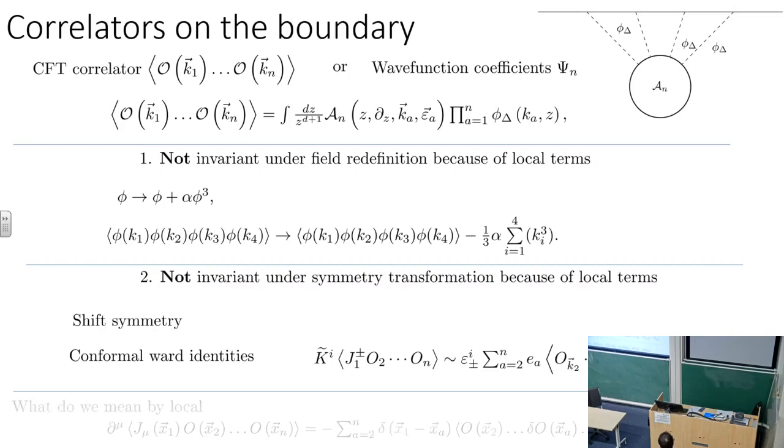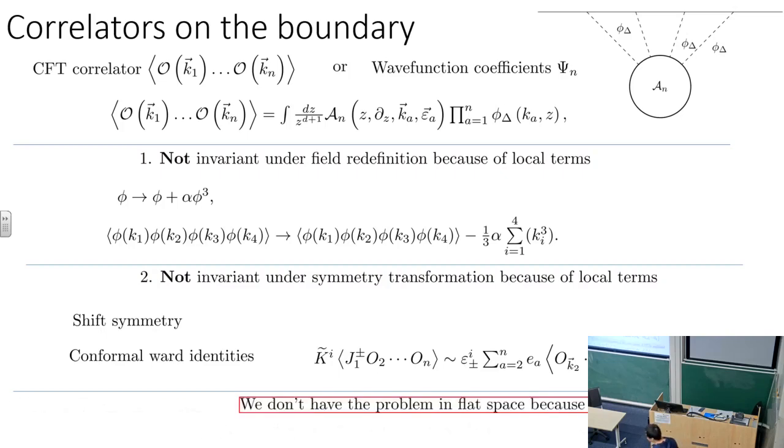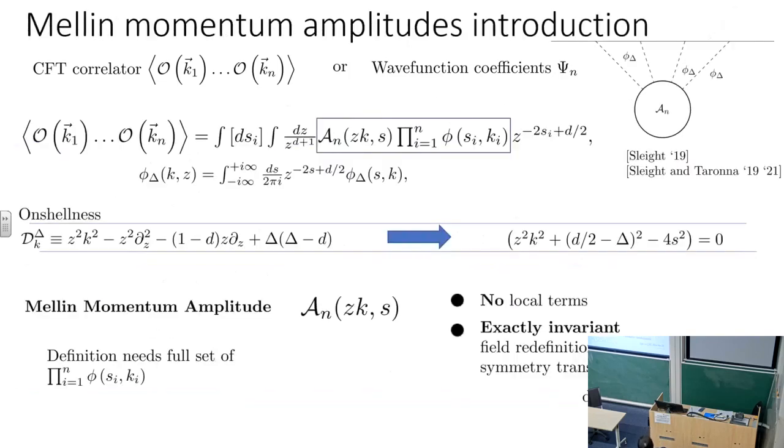But as we know, in flat space we don't have these problems because we have the LSZ reduction formula for the amplitude, and we take each leg on shell. So the treatment for this problem is to use Sandipan and Massimo's idea, as pointed out by Javier, that we can just do a Mellin transformation for the bulk-to-boundary propagator. Why do we want to do that?